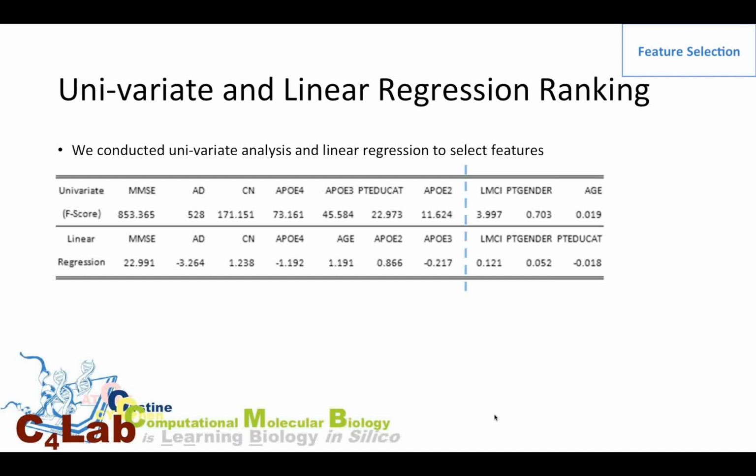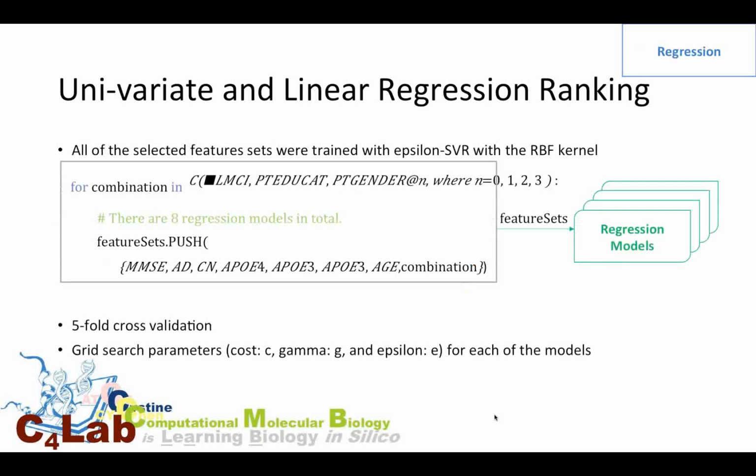For the last three features, we think these three features are not important. But in the real situation, we don't know which feature we must remove. So finally, we combine the previous features and the combinations of these three features to build the selected feature set.